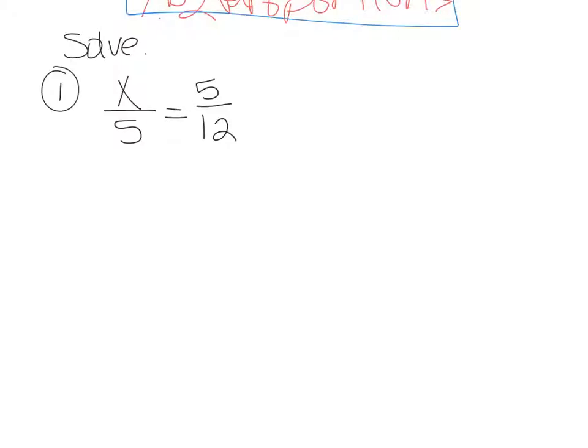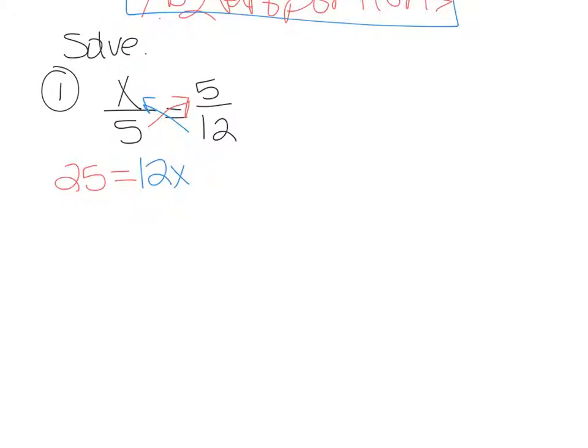They may look like proportions, but let's double check. Do I have a fraction equal to a fraction? Yes, and just one fraction equal to just one fraction. That's going to be more important later on. So if that is true, then I can set my cross products equal to each other. So 5 times 5 gives me 25. That is equal to my other cross product, 12 times x, which gives me 12x.